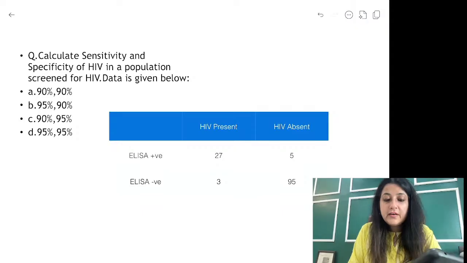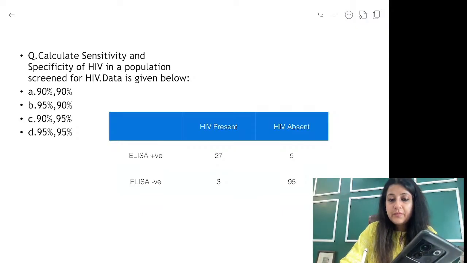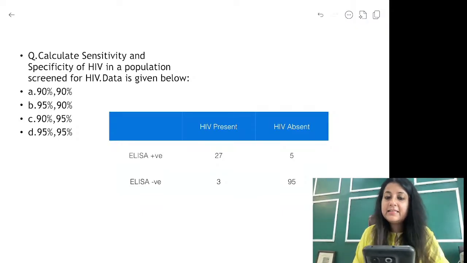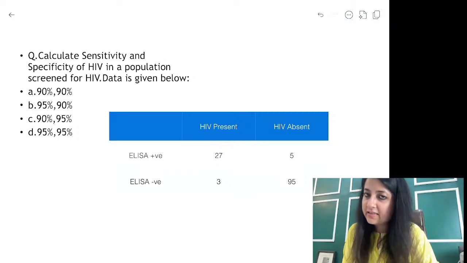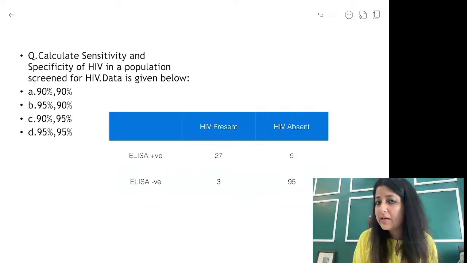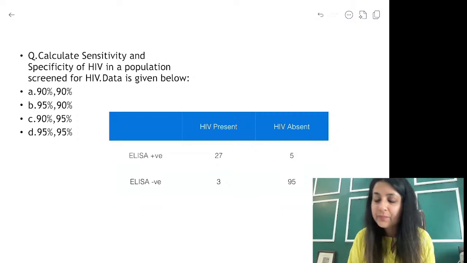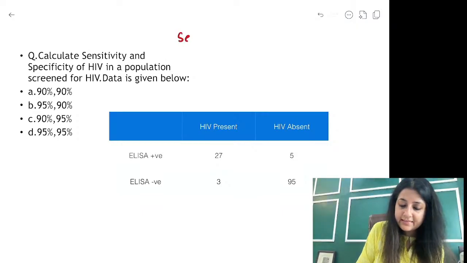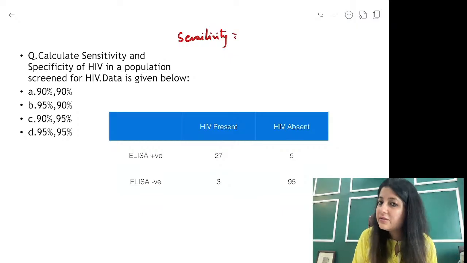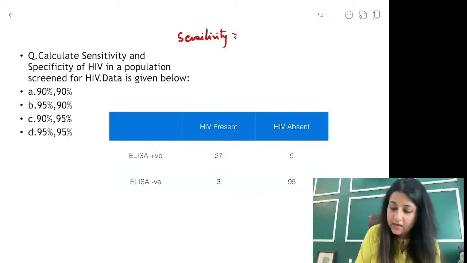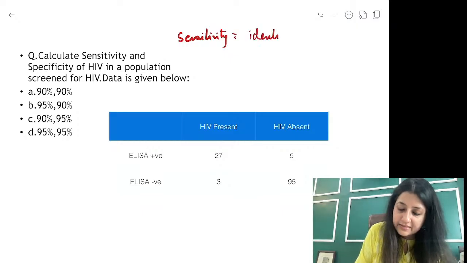Okay. So over here you were asked to calculate the sensitivity and specificity. Okay. Now this is a very basic numerical. We will also try some numerical on slightly challenging side today. Okay. Now you all know what is sensitivity. Sensitivity is the ability of a screening test to identify correctly all those who have the disease.